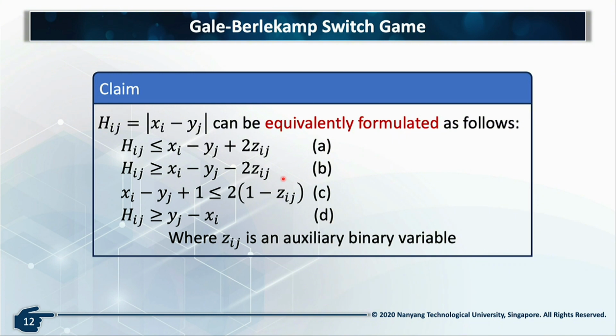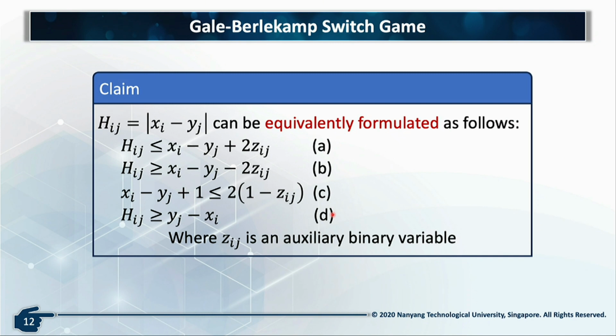Before trying to understand why this statement is true, let's first need to understand what is stated in this claim. Okay? So we first look at this constraint A, B, C, and D. And we realize that, yes, indeed, they are a set of linear constraints, right?